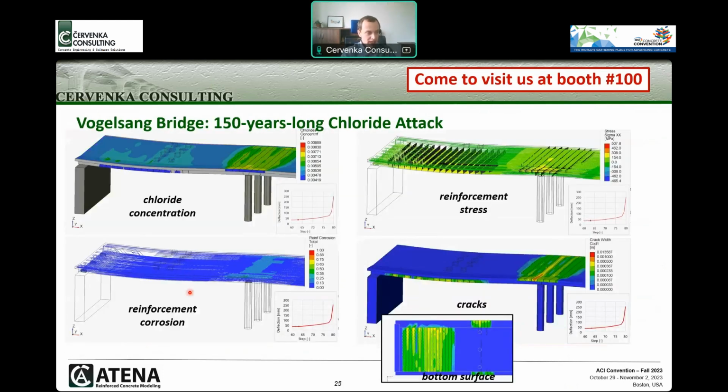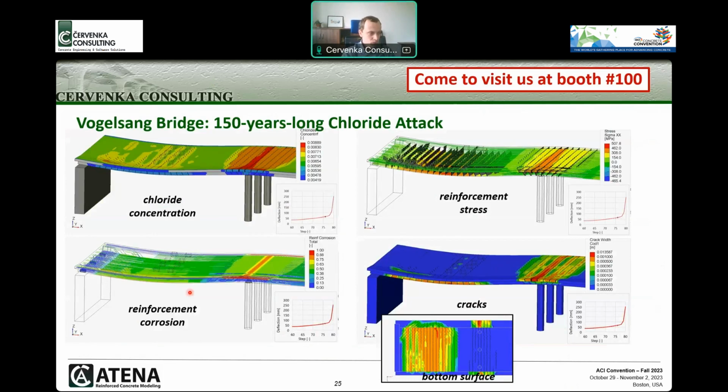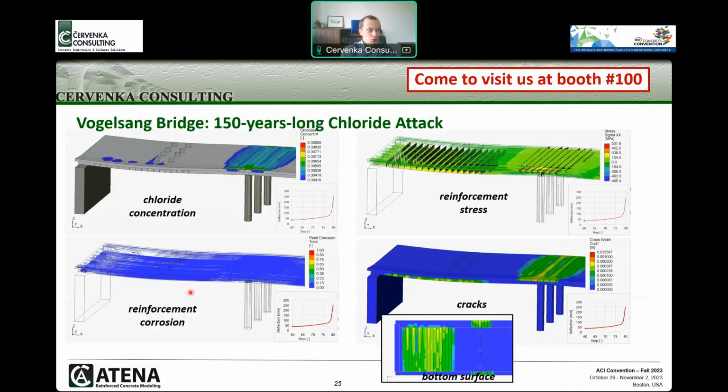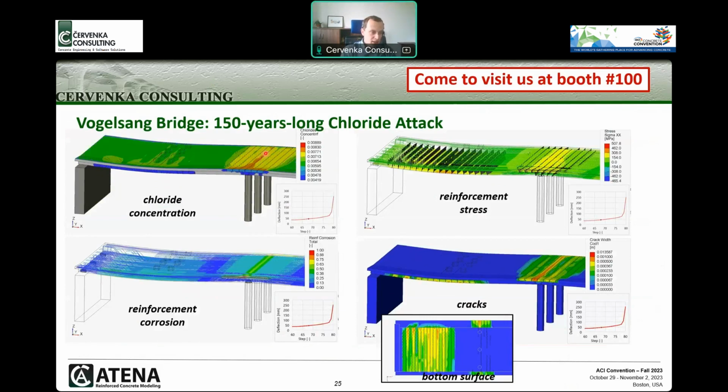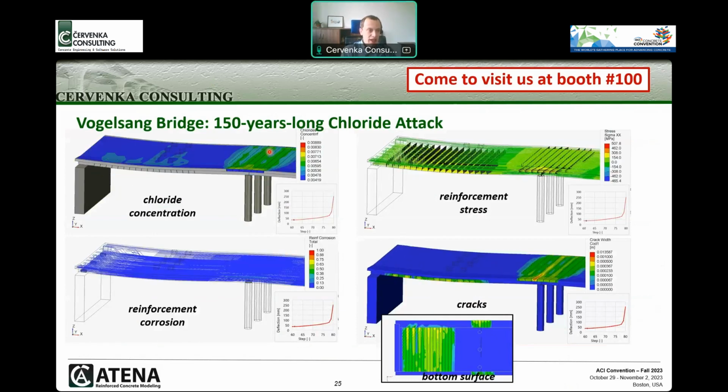In the case of more complex structure, the bridge, it's shown in this slide. You can see the chloride concentration at the reinforcement depth in here, and again in the location with the mechanical cracks, you can see that the chloride concentration is larger compared to the rest of the structure.